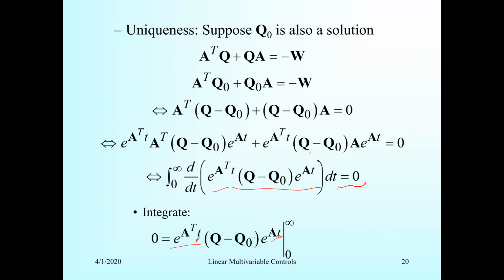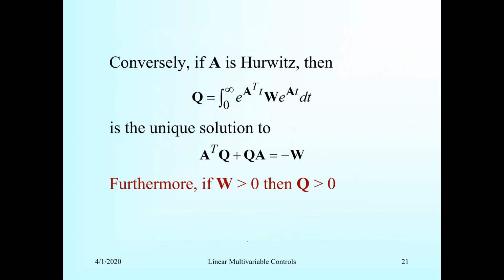This is also 0. So it's minus this one, so this is minus Q0. And it is 0. Therefore, Q is Q0. So that's why we proved that Q is unique. Yeah, you can see the swap Q0 minus Q, because of the minus sign. So we can stop here.